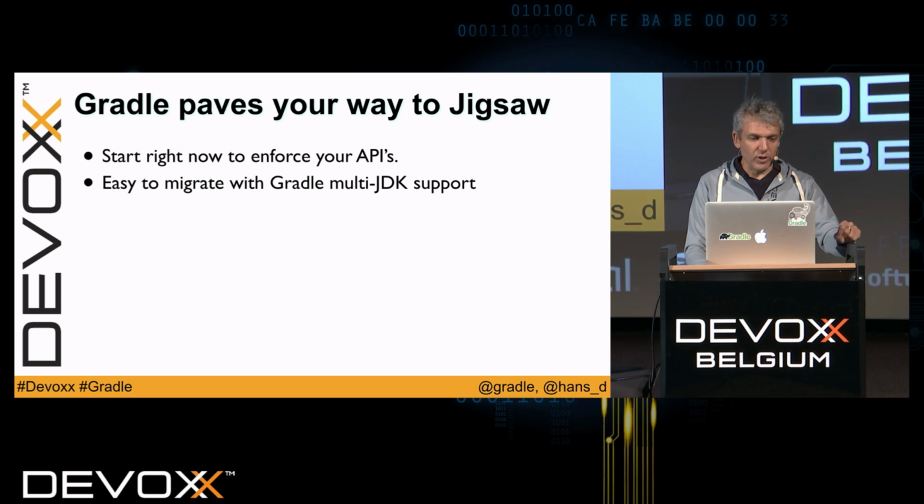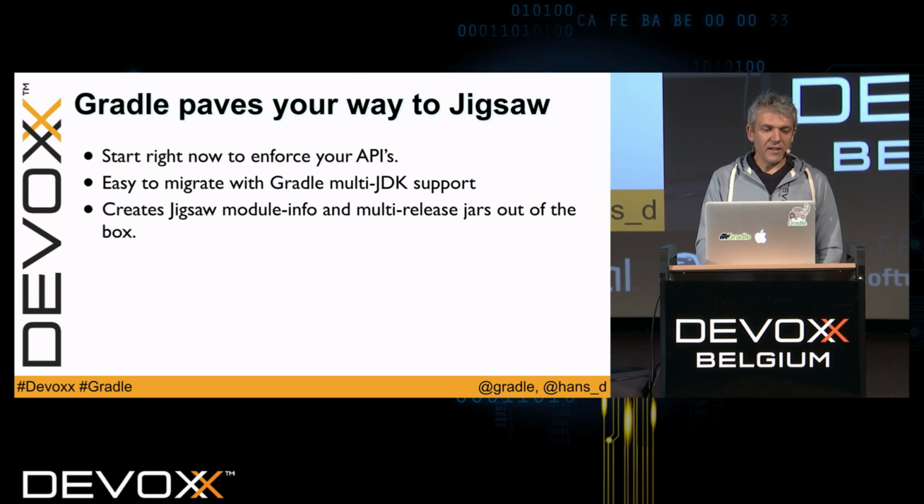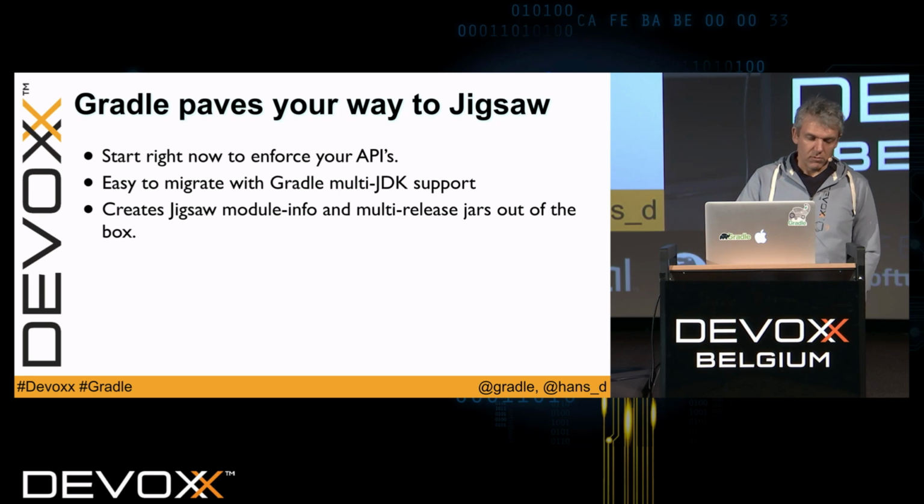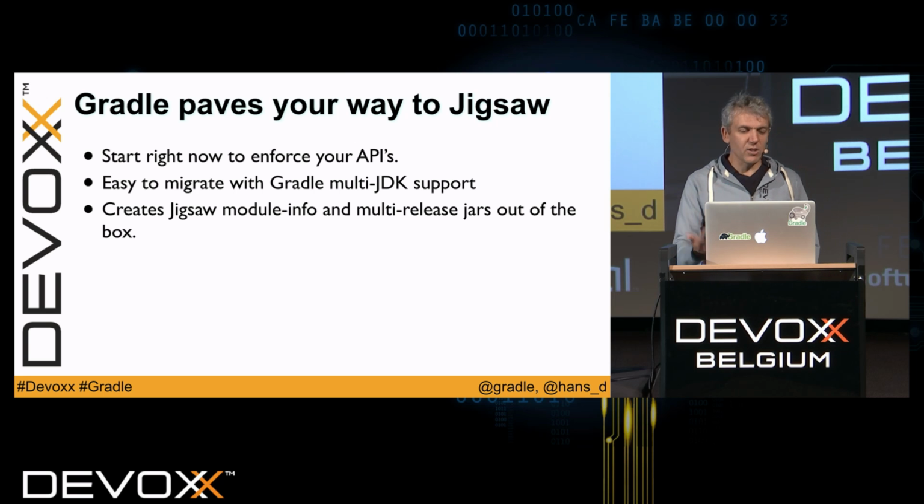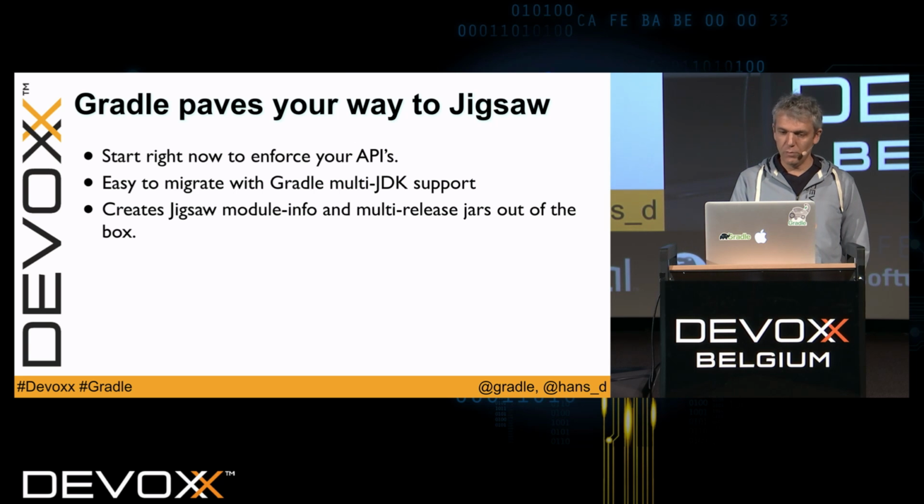Another thing that will help you is that it is easy to migrate with Gradle's multi-JDK support. I will talk about that in a second. And finally, Gradle creates Jigsaw module info and multi-release jars, all out of the box for you.